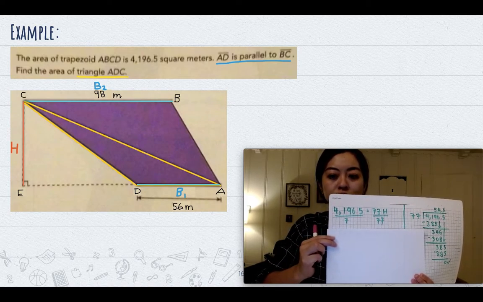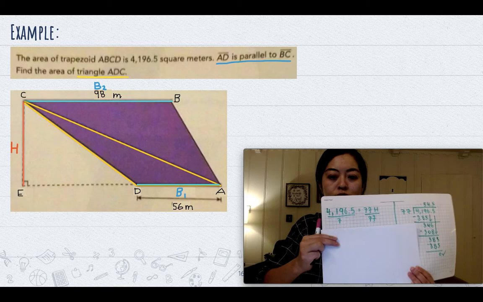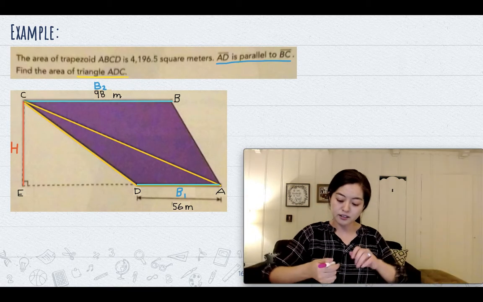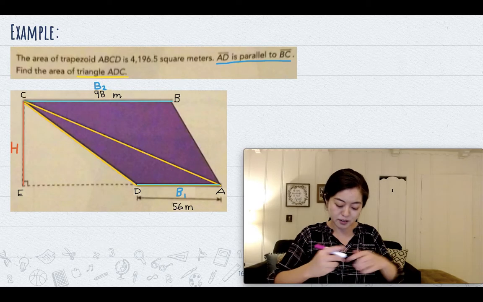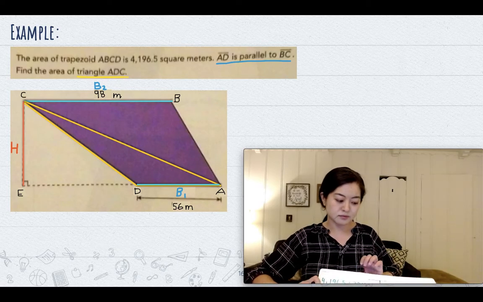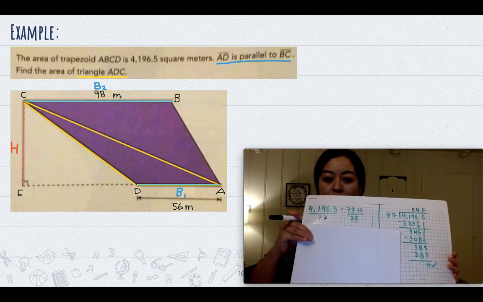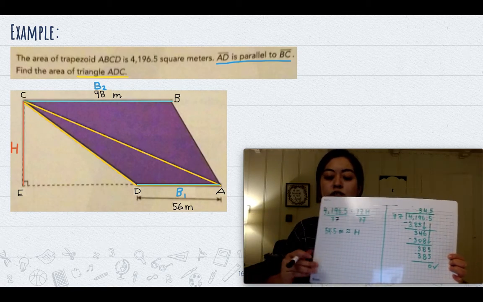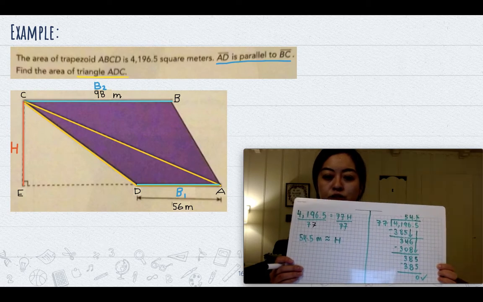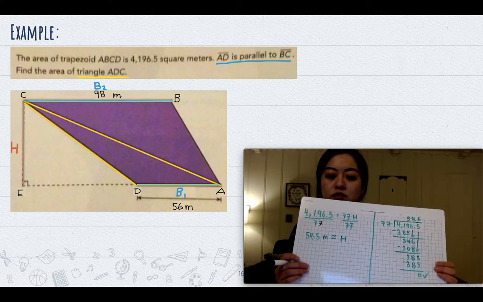So if I divide 77 on both sides, okay, and here I didn't write 77, so let me just write it in here, okay? H will become this, okay? 54.5 meters.